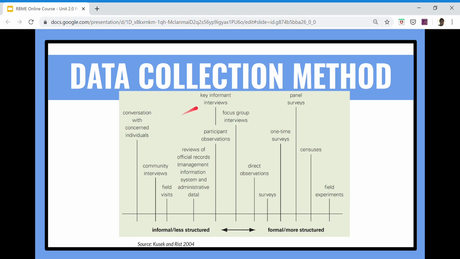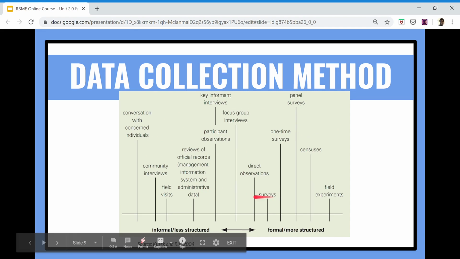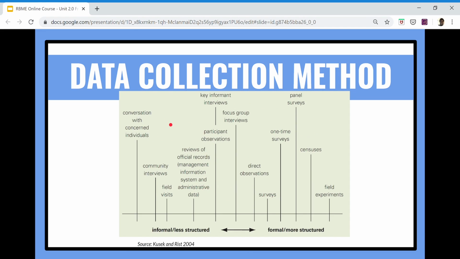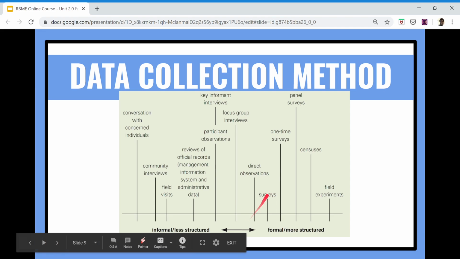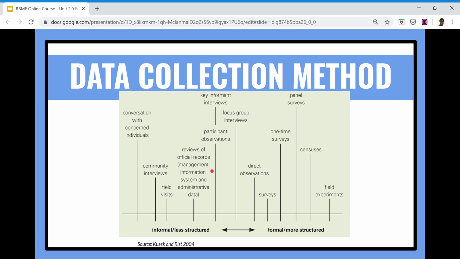So this is a whole bunch of data collection methods that you can actually use, and this has been arranged from informal and less structured to the more structured ones, like you can see in here. So this might be useful for you to take a look at in terms of data collection methods that you can use.